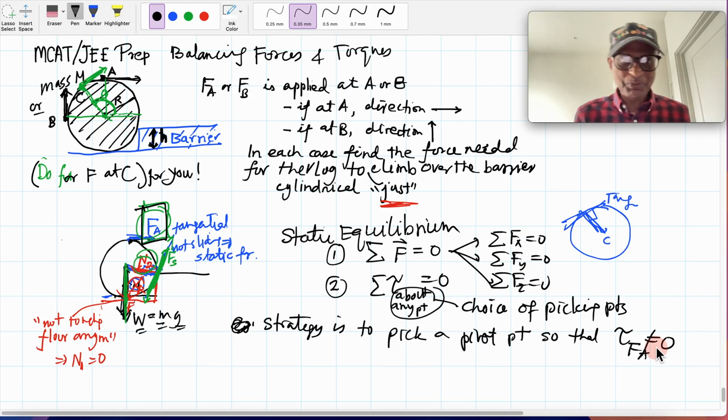If it's 0, suppose I pick this pivot point, then I'll get an equation, but it's not going to have a quantity I need to solve the problem. So that's not good. Now you could use this as the pivot point. That's perfectly okay. So this will have this lever arm.